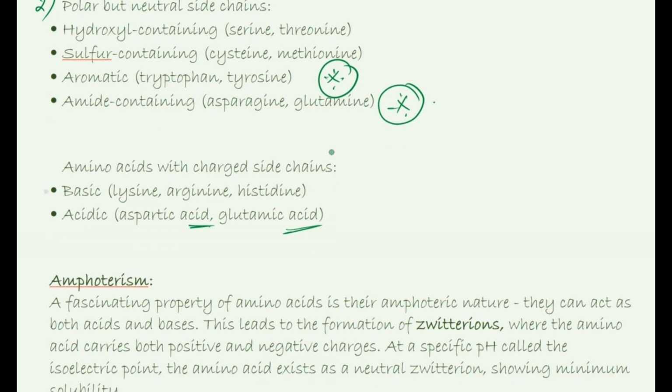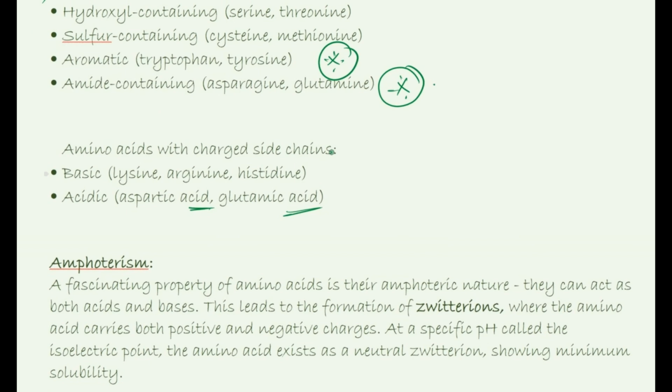Okay, so while talking about the amino acids, the most important question is about zwitterions. Before that, you know about the amphoteric nature, which can act as both acid and base.